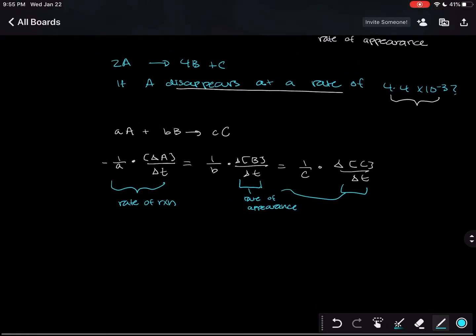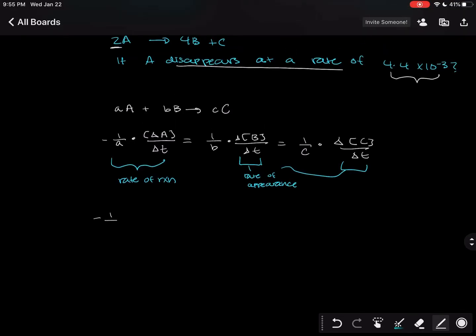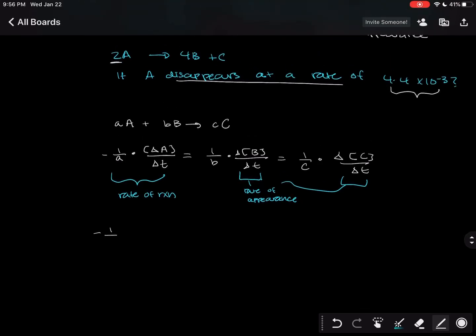Okay, so now let's go ahead and get ready to set up this problem. Okay, so we know that we have negative 1 over, so let's look here and see that our coefficient of the concentration of A is 2, so it'll be negative 1/2 times the rate of disappearance. This is just the rate of disappearance, so that is just this whole thing that it gives us.